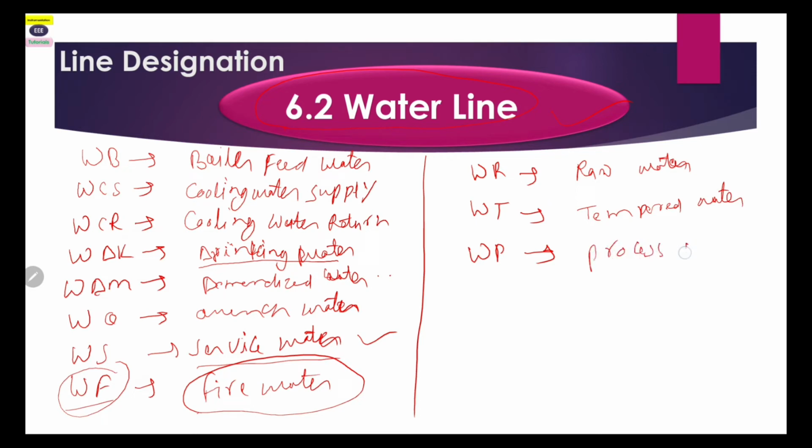So in your plant, it may have some symbols or line designations that are used, or it may not use some other line designations. So if you have found any symbol or any word, then please check in your P&ID and then comment to us that you have found this type of word.